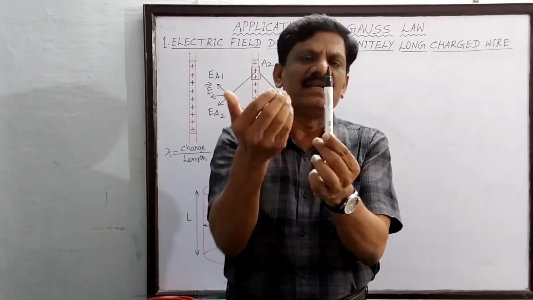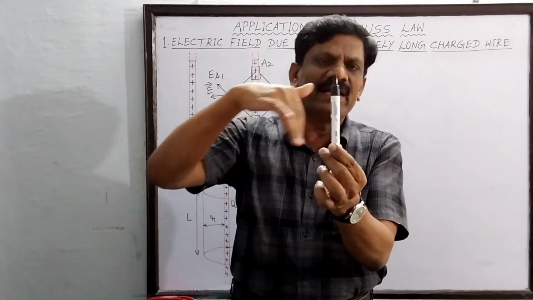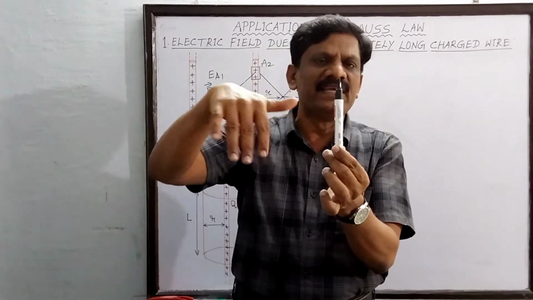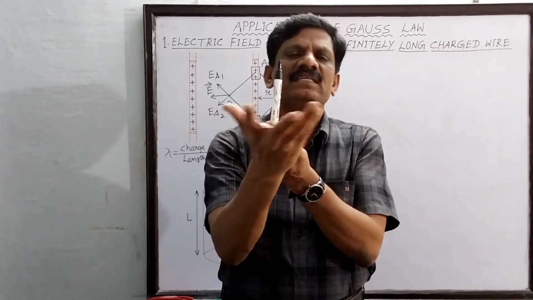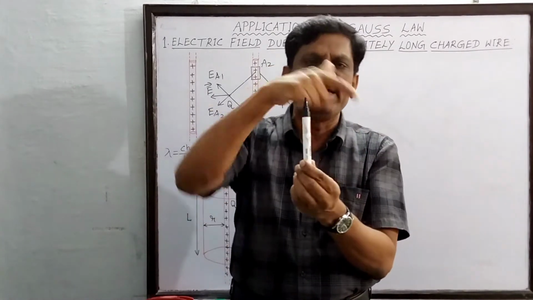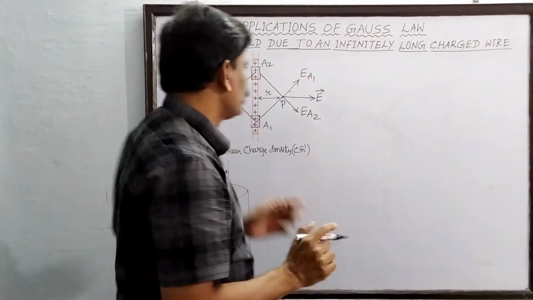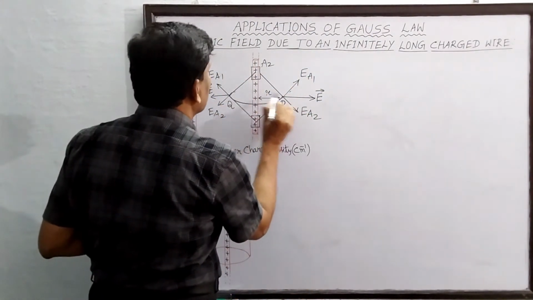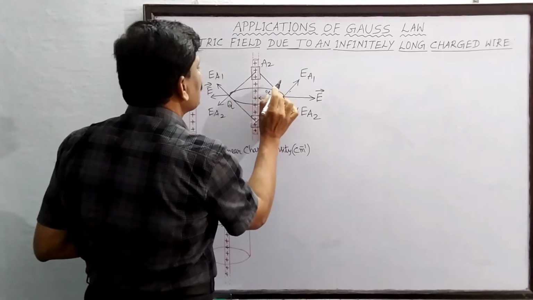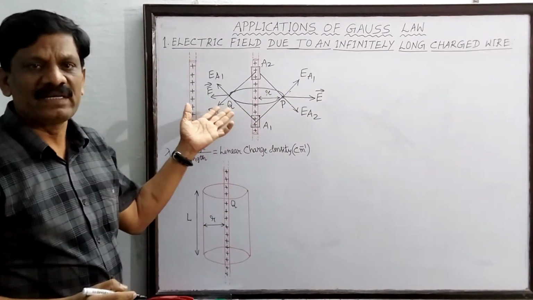Like that, in front, back, at any angle, at the same distance, if you take all the points, all these points such as P, Q, R, S will lie on a circle. So I am going to show that. If you join all the points equidistant from the center, it will be a circle like this.